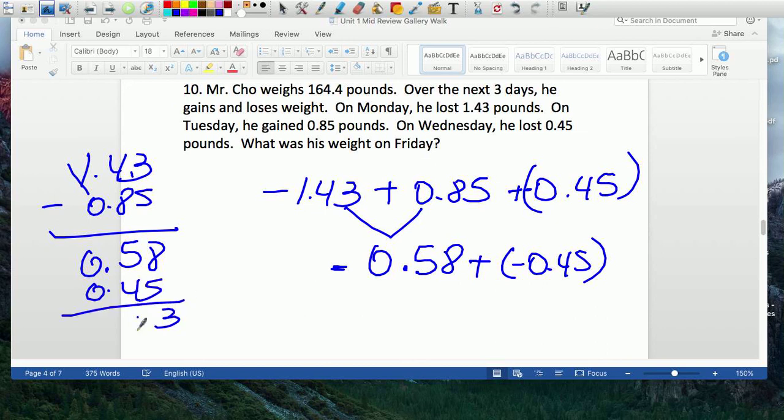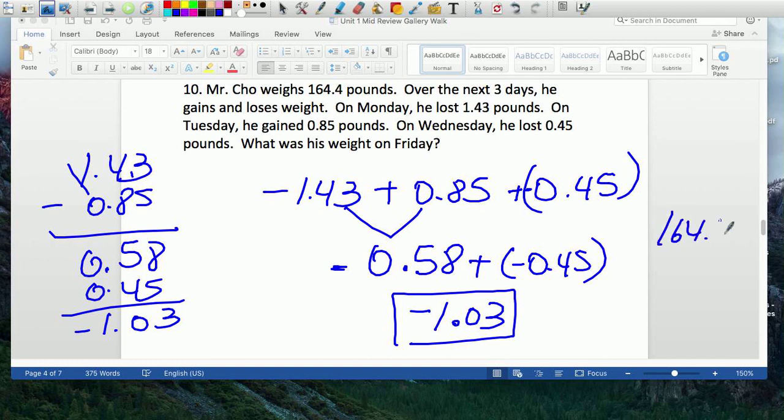So it ends up that after 3 days, I actually lost 1.03 pounds. So if my weight initially was 164, I can tell that in 3 days my weight went down a little bit. So 4 borrows, 3, 10, 7, I went to 163.37.